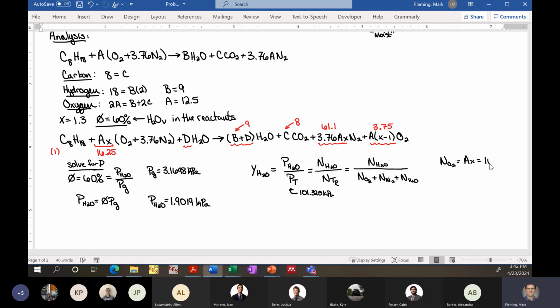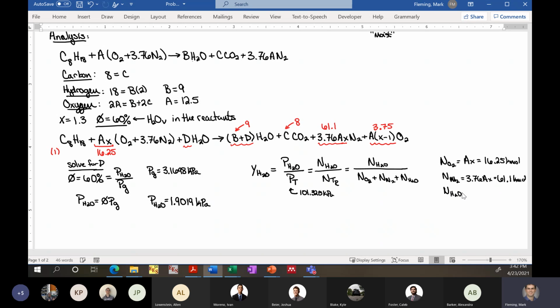That is going to be 16.25 kmol. If we do the same thing for nitrogen, N2, that's going to be 3.76 AX, which should give something like 61.1 kmol of nitrogen coming in.